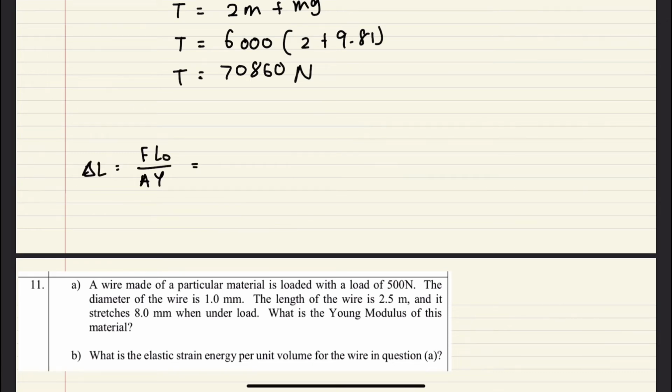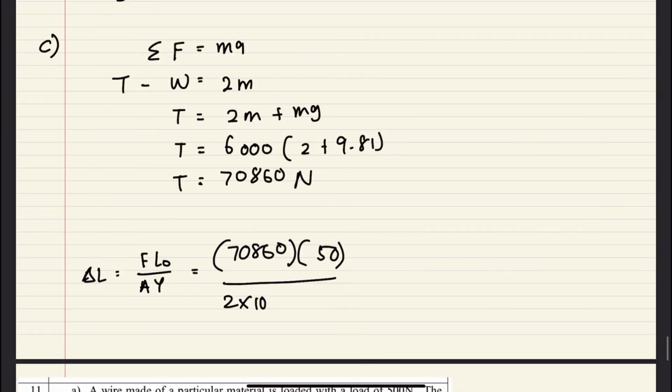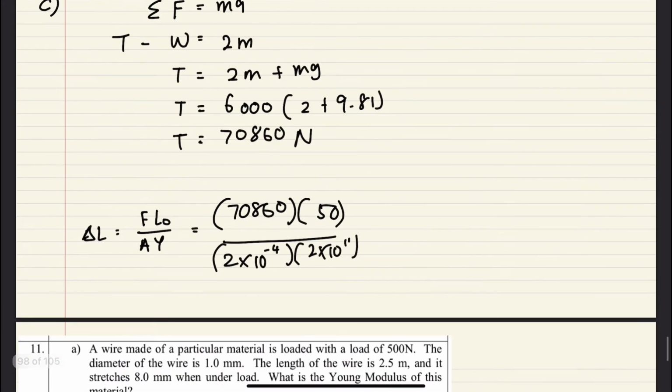I can apply the same formula. So delta L now is equal to 70860, L naught is 50, area 2 times 10 to the negative 4, and this one is 2 times 10 to the power of 11. Let's double check. Yes.